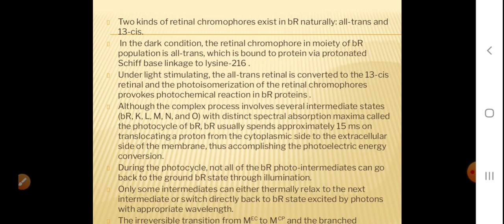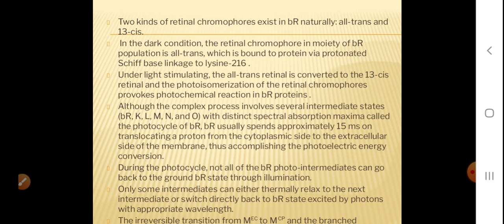And during this photocycle, not all the photo intermediates can go back to the ground state. Once they have translocated the proton, not all of them go back to the ground state. Certain states remain as irreversible stages. There are certain irreversible stages in the photocycle, and also there is a branch within the photocycle.